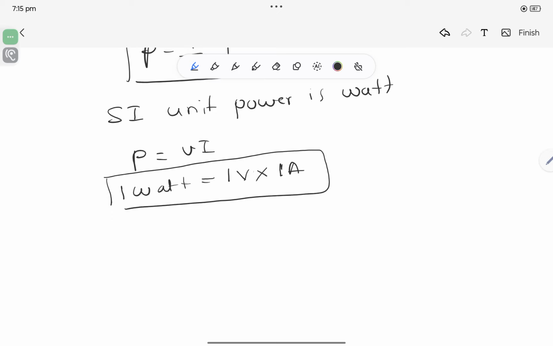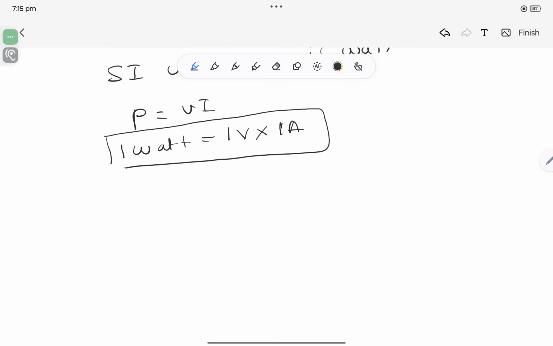Here is one more important conversion: how to convert 1 kilowatt hour in terms of joules. We already know the prefixes. Kilo means 10 to the power 3.